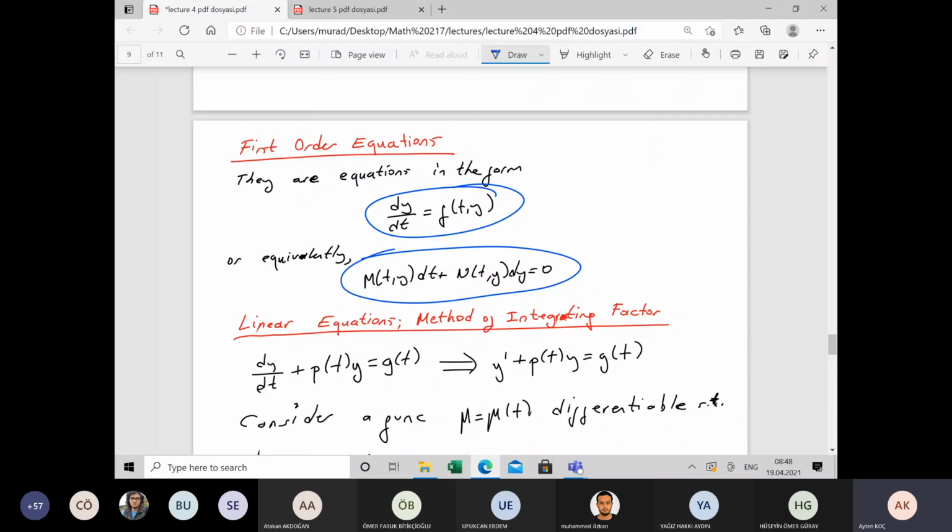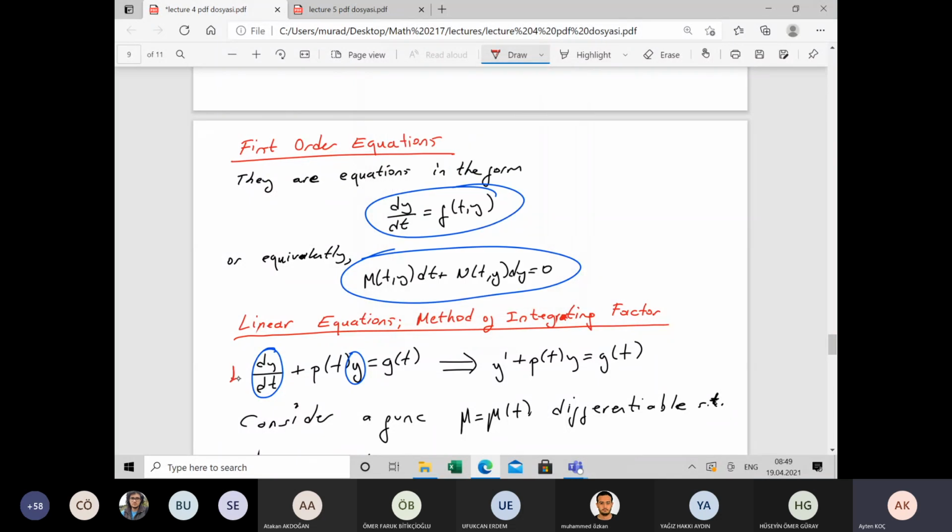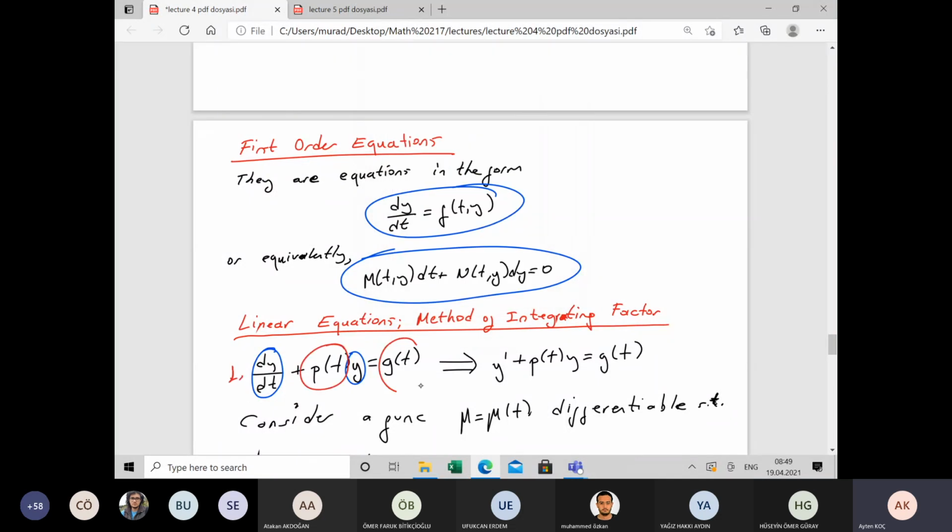Linear means it contains the first order y prime and y, and look at the coefficients: the coefficient of y prime is 1, this one is p of t, and the right hand side is g of t. So this one is linear because the coefficients are functions of t. This is a first order linear equation.